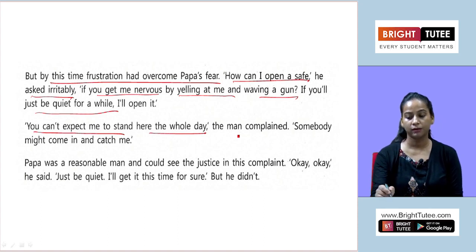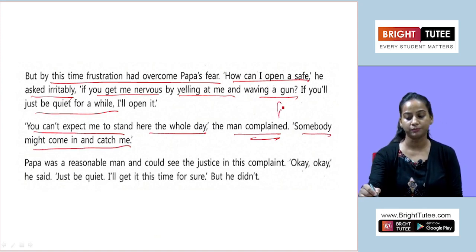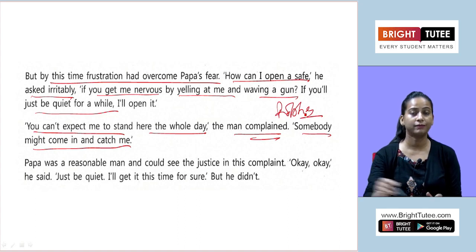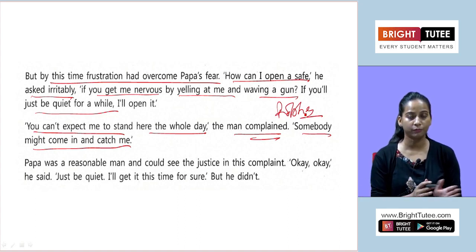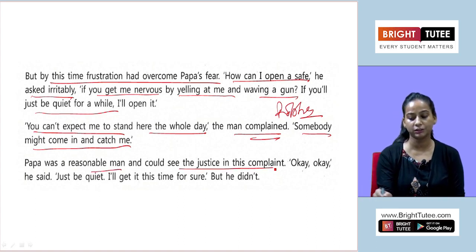The man complained that he was not going to be there the whole day. Somebody might come in and catch him, because he was a robber. Papa was a reasonable man and could see the justice in this complaint.